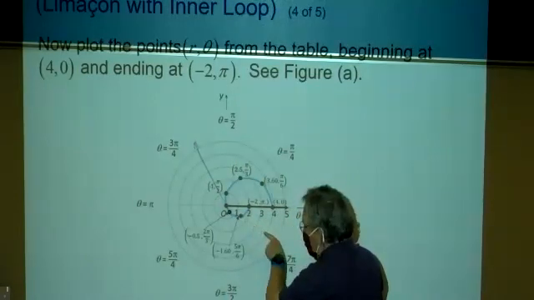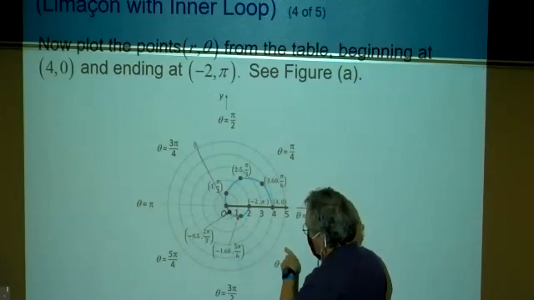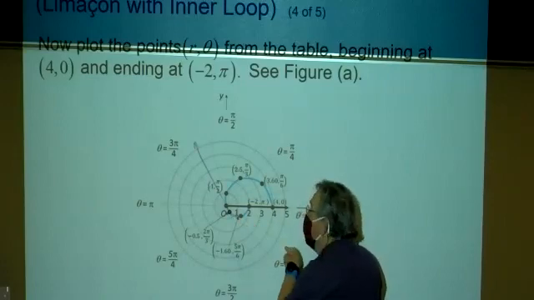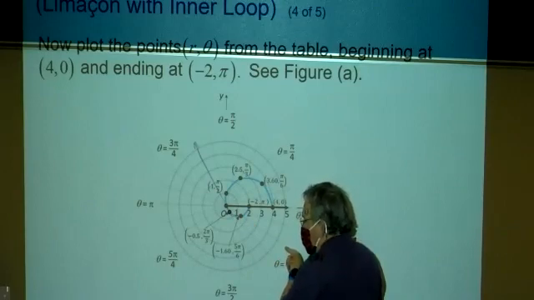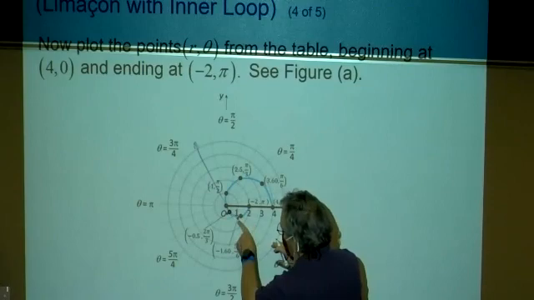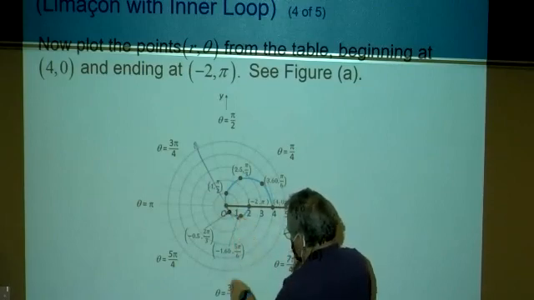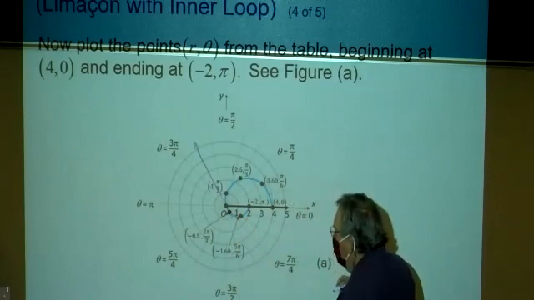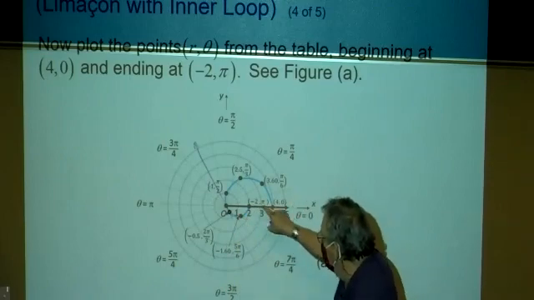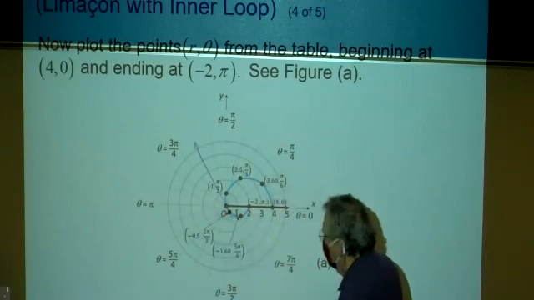This isn't pi over 6. This is, what is that? It's 11 pi over 6. And then we end up along there, 1.6 units. And this is negative 2 at pi, where pi goes that way, but I'm going 2 units in the opposite direction.